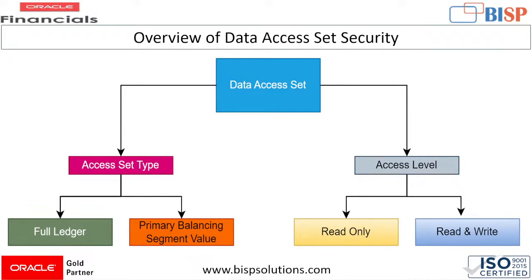You can also manually create a data access set to give write access or read only access to the entire ledger or a portion of the ledger representing primary balancing segment values.